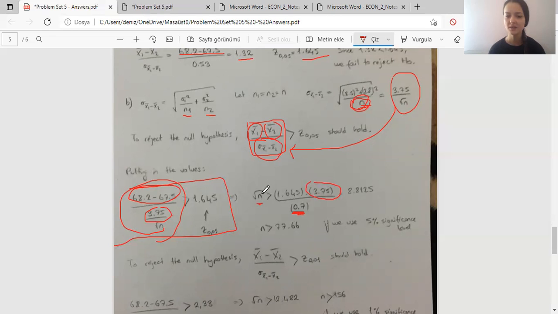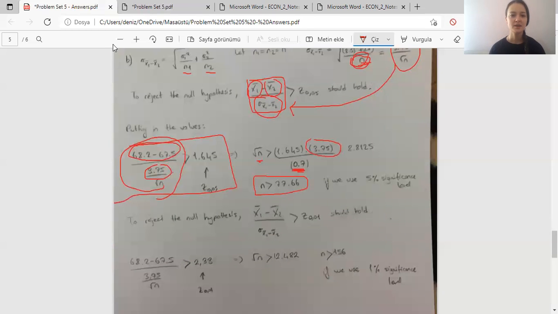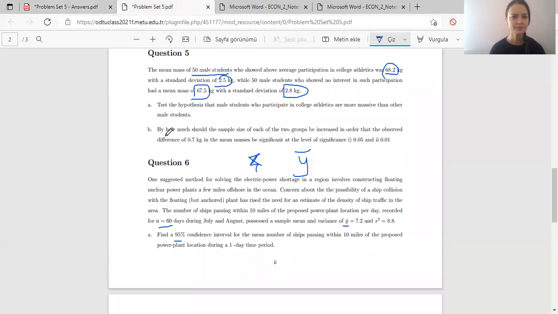Square root of N is greater than 8.81. Now, by taking the square of both sides, N is greater than 77. So if N is greater than 77, I can reject the null hypothesis. You see, the sample size really matters. And that was the first part.